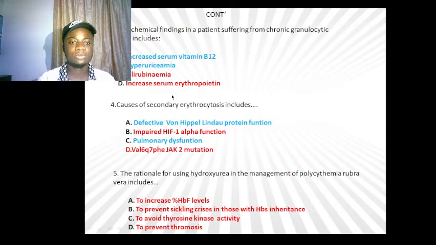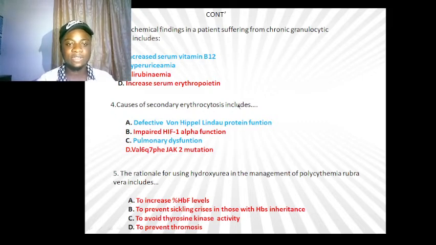Number 4: causes of secondary erythrocytosis. I just spoke about that. A: defective von Hippel-Lindau protein, which is true. If you remember, von Hippel-Lindau protein must inhibit or degrade hypoxia inducible factor.